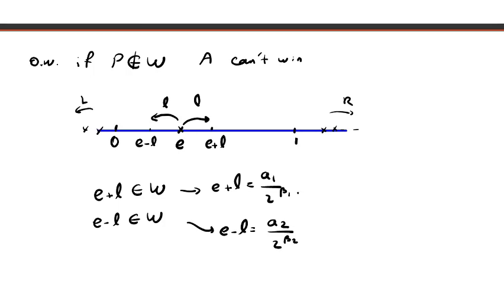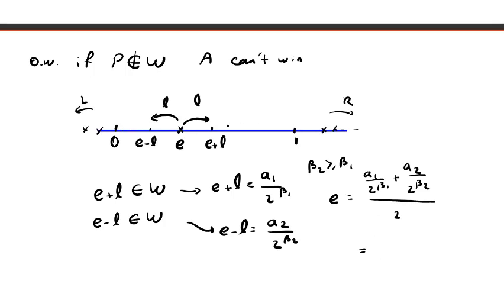So we say if we add up these two numbers and divide by 2, it will be e equals a over a1. Without loss of generality, suppose that beta 2 is greater than or equal to beta 1. So it is a1 over 2 to the beta 1 plus a2 over 2 to the beta 2, over 2.